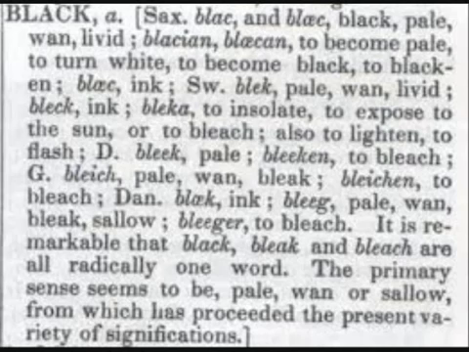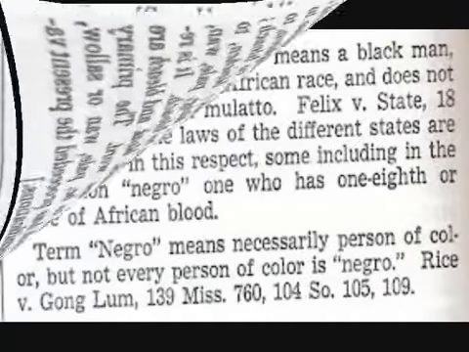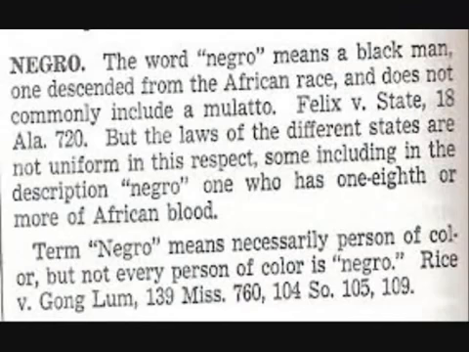And this is shown that this is true, that blacks really had no protection under the U.S. Constitution. Free blacks had no protection under the U.S. Constitution. So even if you were free, you still were not protected under the Constitution.